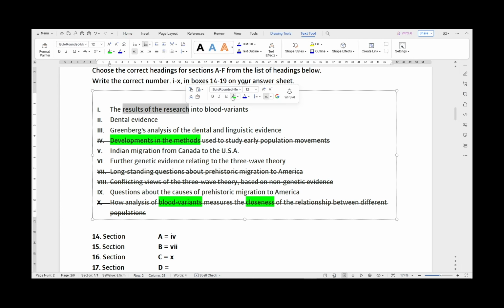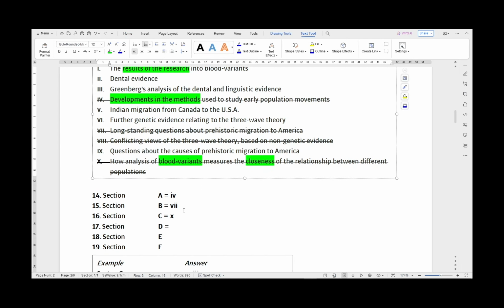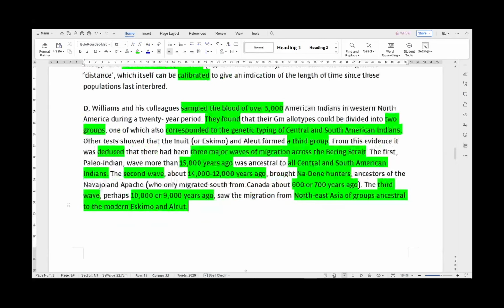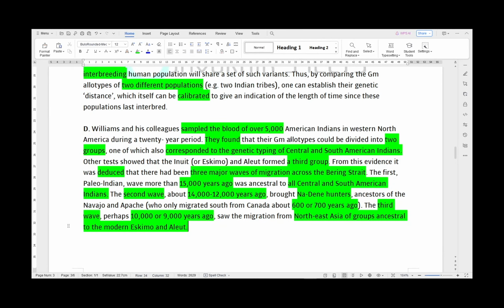The word evidence somehow correlates with the idea of research. Where was it? They found, and the words from this evidence. I can highlight that, from this evidence. So yeah, I would say that this is the option.